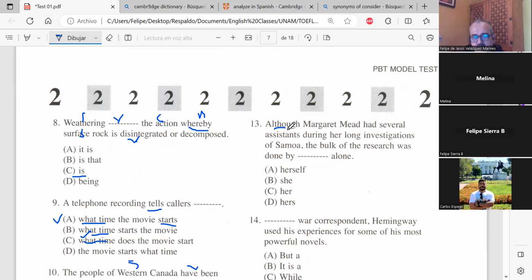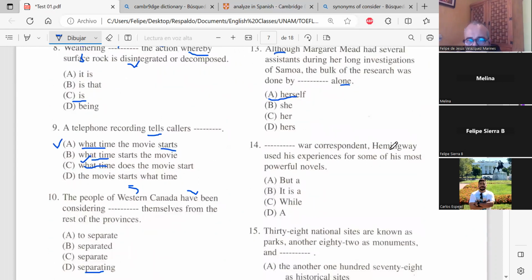But they are telling me that Margaret did it alone, so herself, by herself. So here we have a comma, subject, verb, complement. Marker, subject, verb, complement. Or this is just a complement, like a phrase, an incomplete sentence.